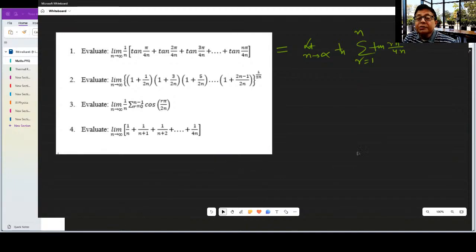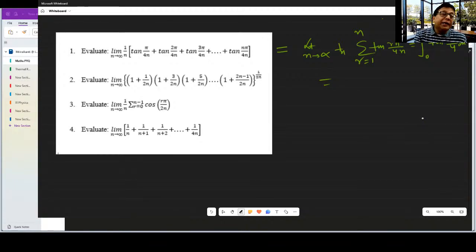Now what have I told? That r by n can be replaced by x. So there it will be 0 to 1 tan pi x by 4 dx. Always r by n will be replaced by x.